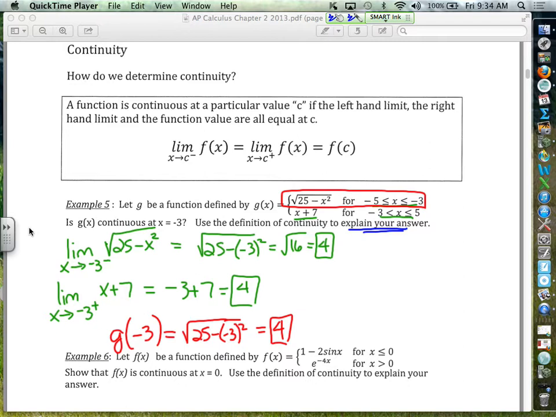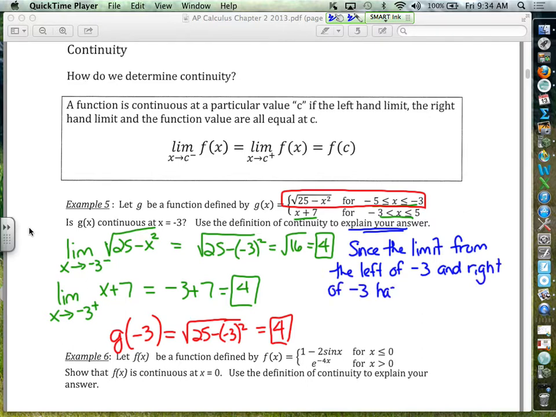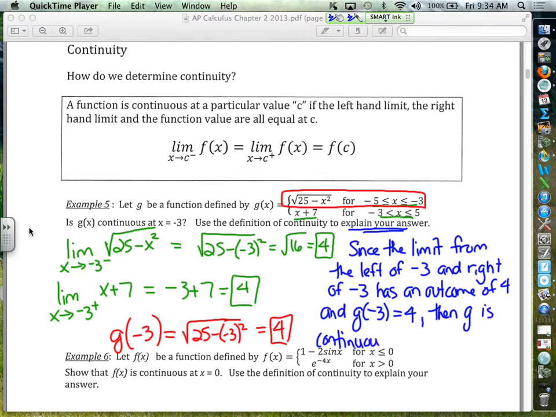So we need to say something like, since the limit from the left of -3 and right of -3 has an outcome of 4, and g of -3 equals 4, then g is continuous at x equals -3.